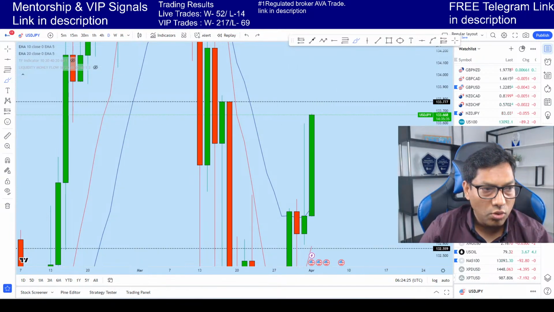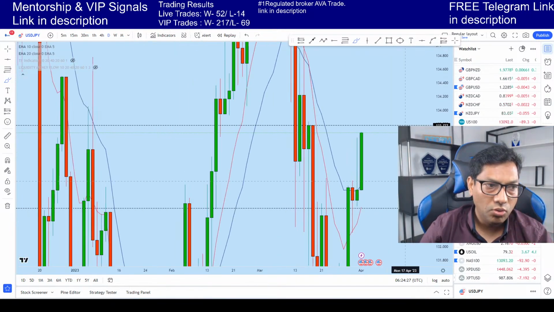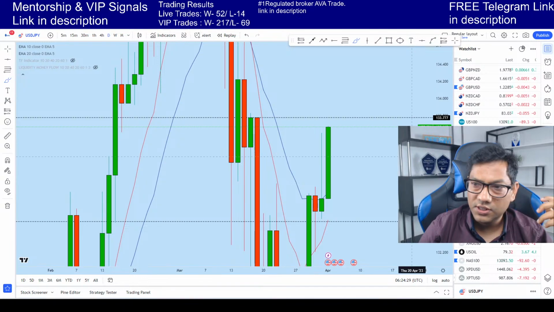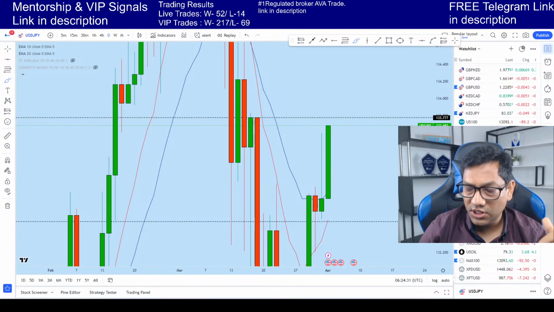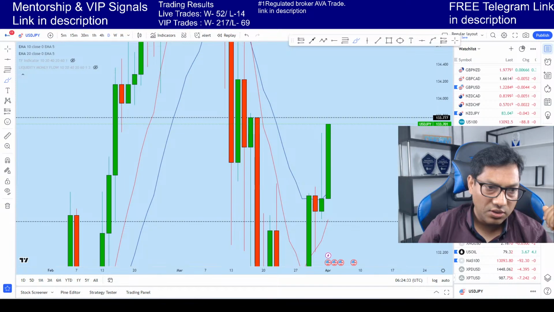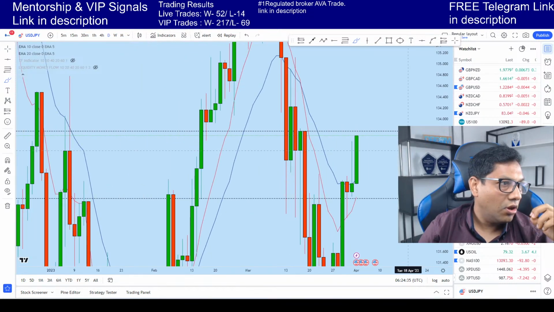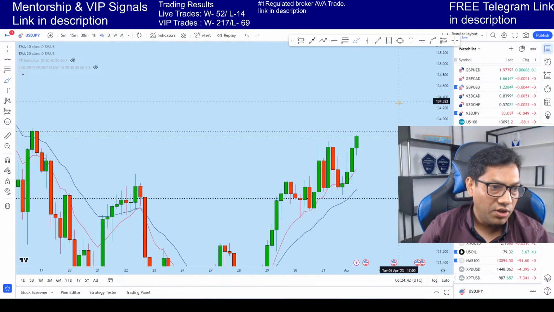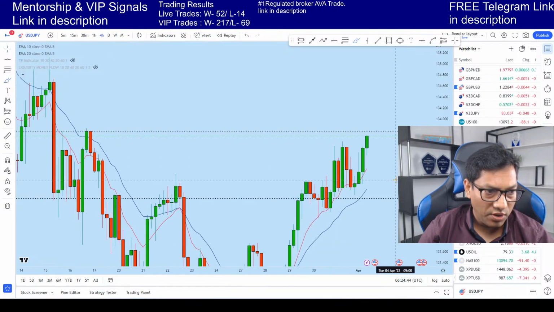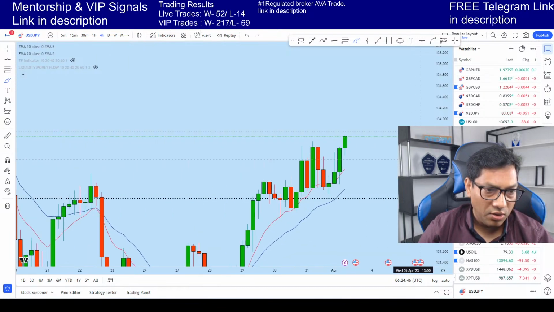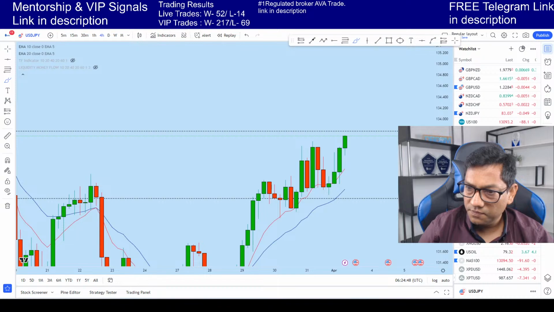As you know, the price normally moves from liquidity to liquidity. This is like a station, from one station to the other station. That's how the price moves. I think dollar yen is likely to go ahead and test this level, and then could come back down again, where we can find an entry. It is a bull market. I will be looking for a potential buying opportunity in this market.